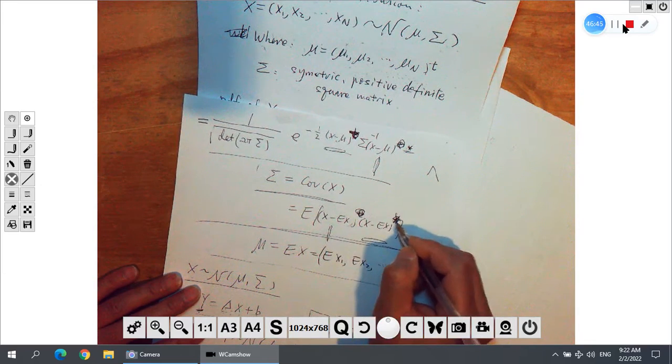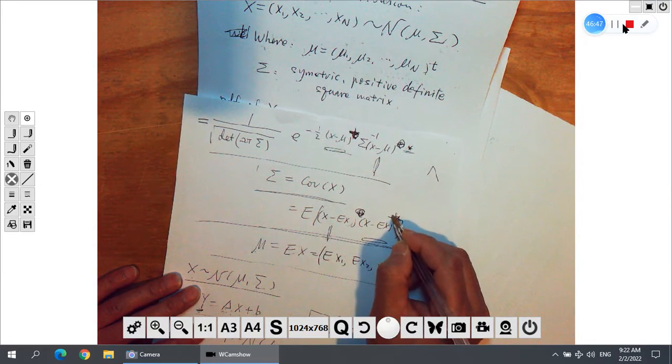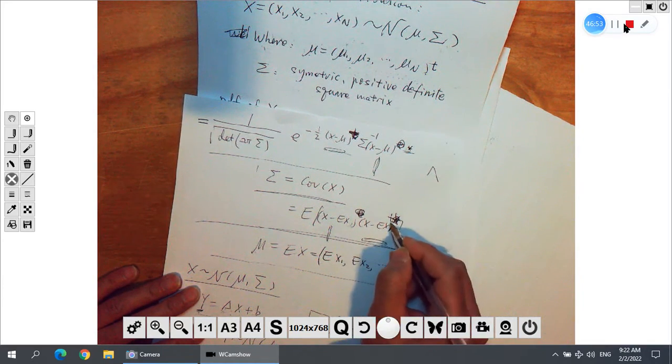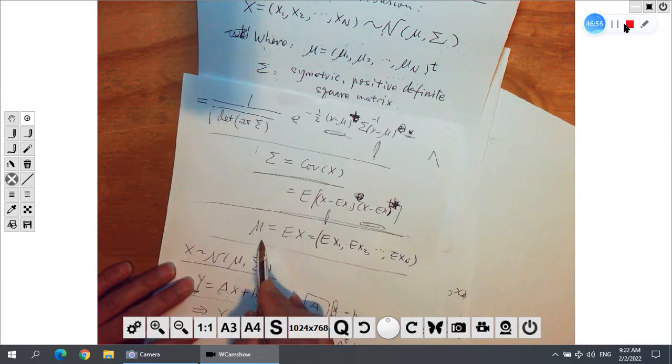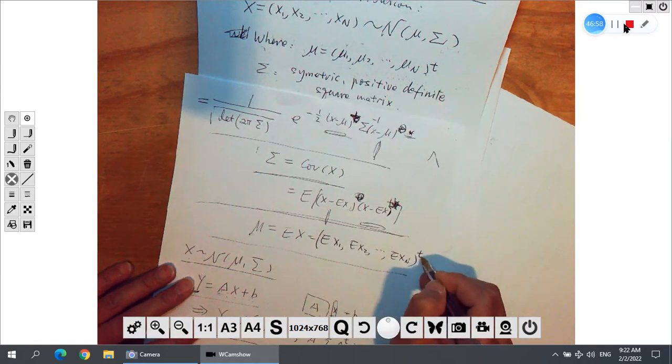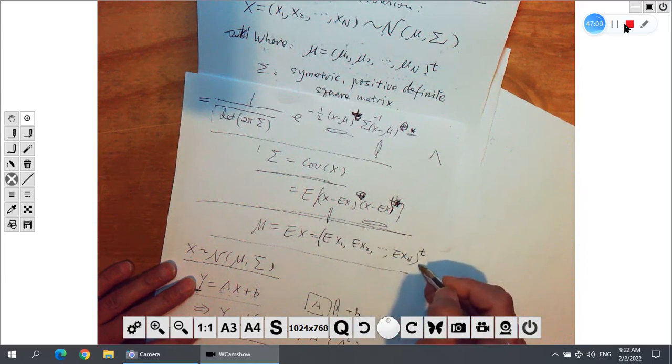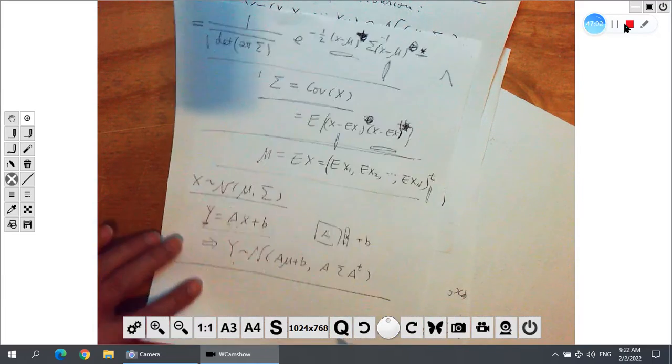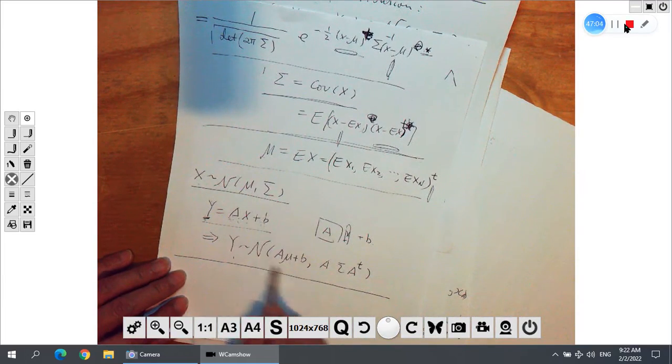But here I need a t, to make this a row. Then mu is here, I need a t, this is a column. Okay, now this is good.